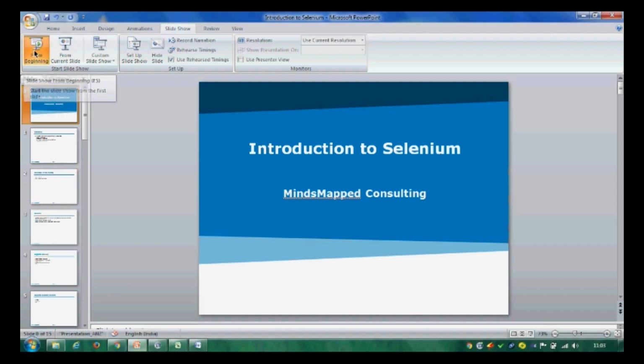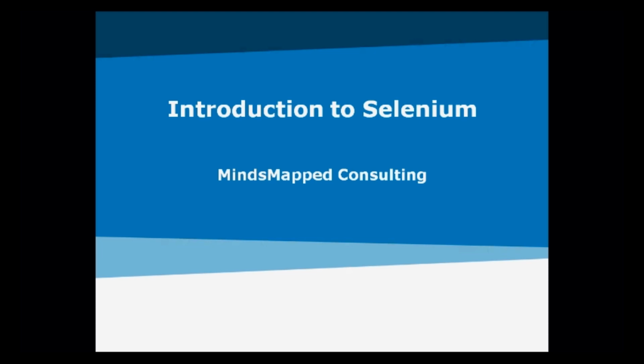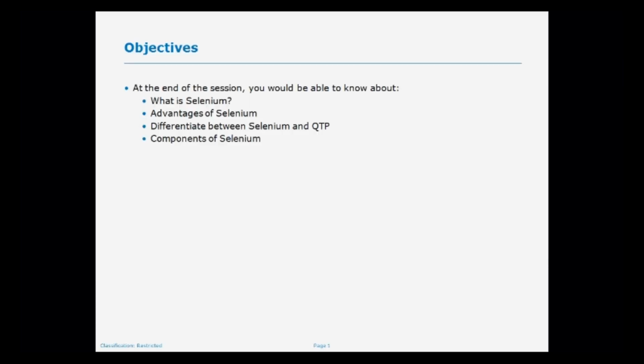So let us see what is Selenium. Let us get introduced to Selenium. At the end of the session, we will be able to say what is Selenium and what are the advantages of Selenium. We can differentiate between Selenium and QTP, and we will finally be seeing the components of Selenium.